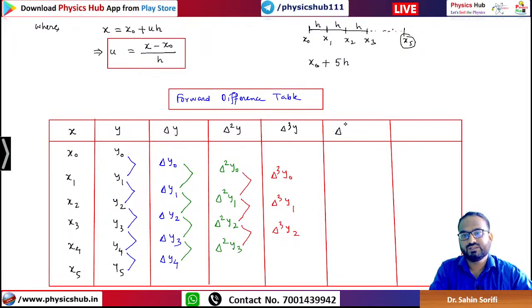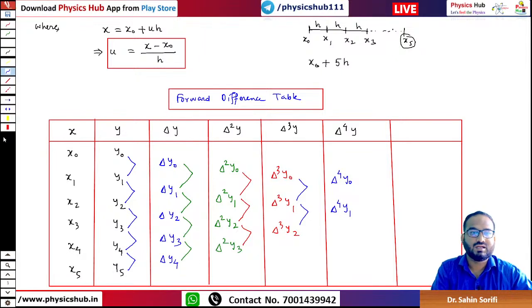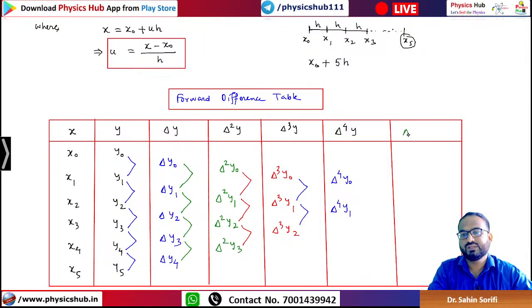Next you will be getting delta to the power 4 y, evaluated from two values. So this will become delta to the power 4 y0, delta to the power 4 y1. Ultimately delta to the power 5 y.